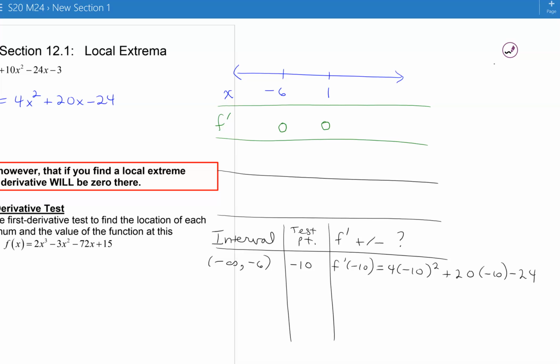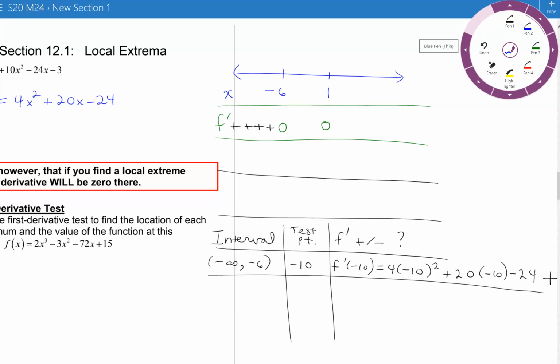So you're welcome to just put this in your calculator, but I find it faster to do mental math, and that's why I pick the 10s and the 1s. So negative 10 times negative 10 would be 100 times 4, 400, minus 200 minus 24, so that's going to be positive. So everywhere on the interval from negative infinity to negative 6, the derivative is positive.